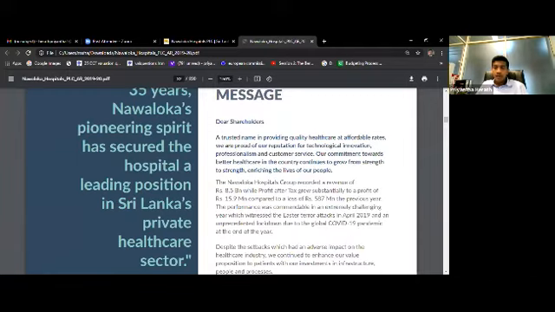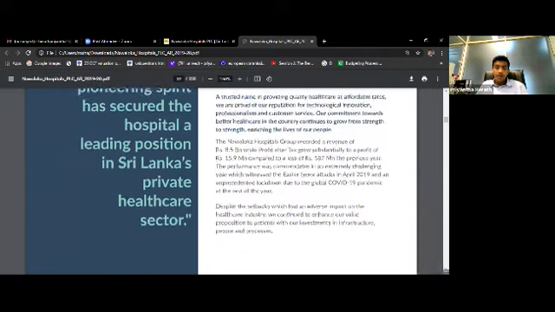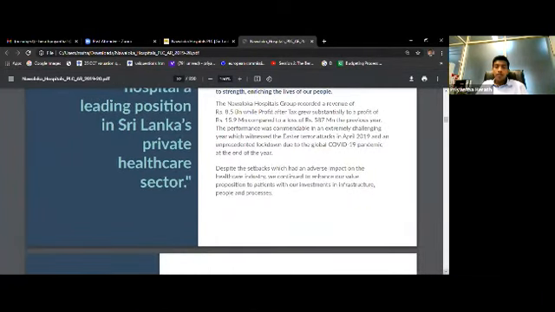Right? And they say despite the setback which had an adverse impact on the healthcare industry, we continue to enhance our value proposition to patients with our investment in infrastructure, people and processes.